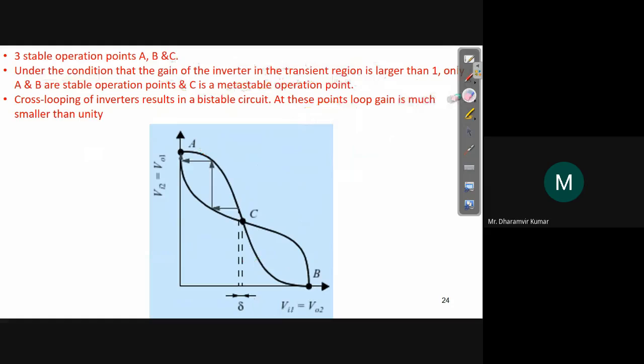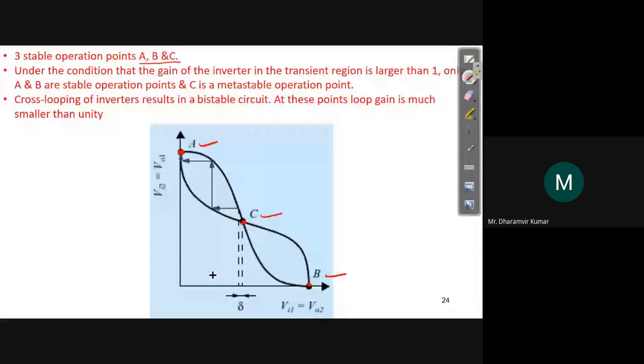Actually there are 3 stable operating points, A, B, and C, where these two curves intersect each other. It means that when your circuit is operating at these points, the circuit behavior will remain stable.